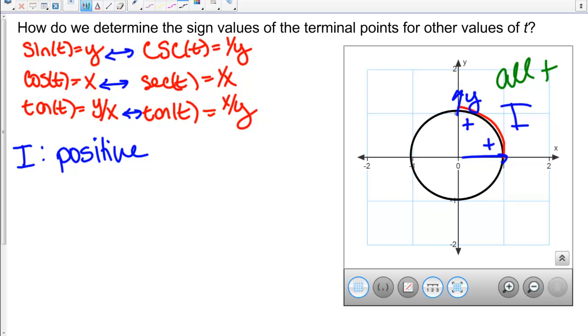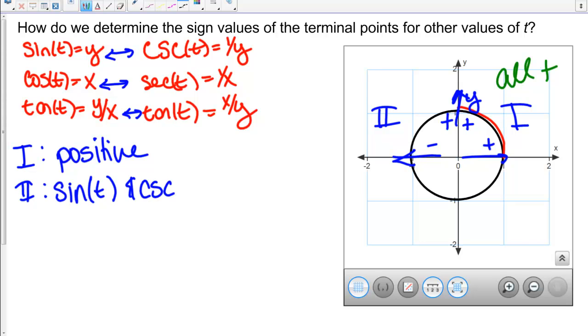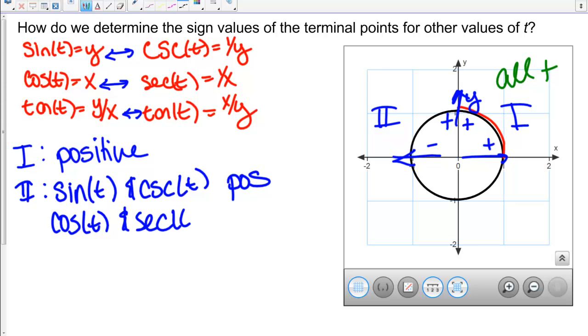Then in quadrant 2, we have positive y, but we have negative x. So we know that sine and cosecant are positive because we have positive y, but cosine and secant, which have our x, are going to be negative.